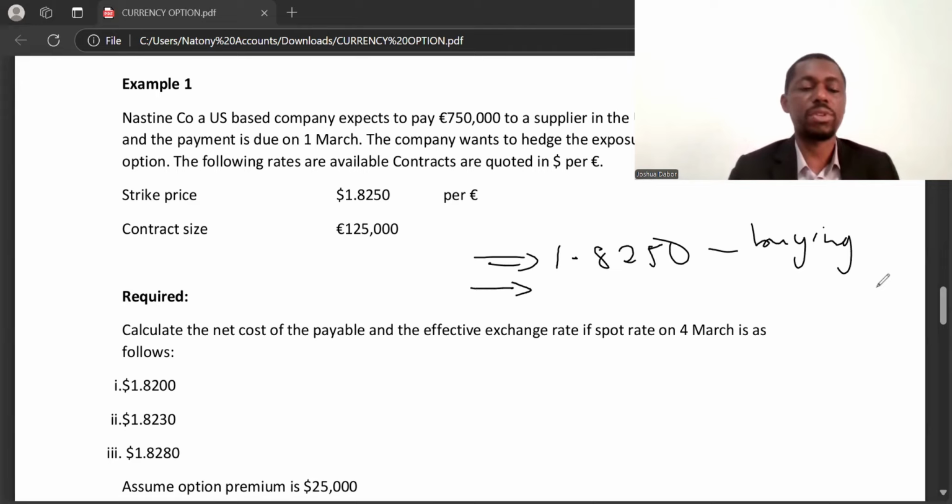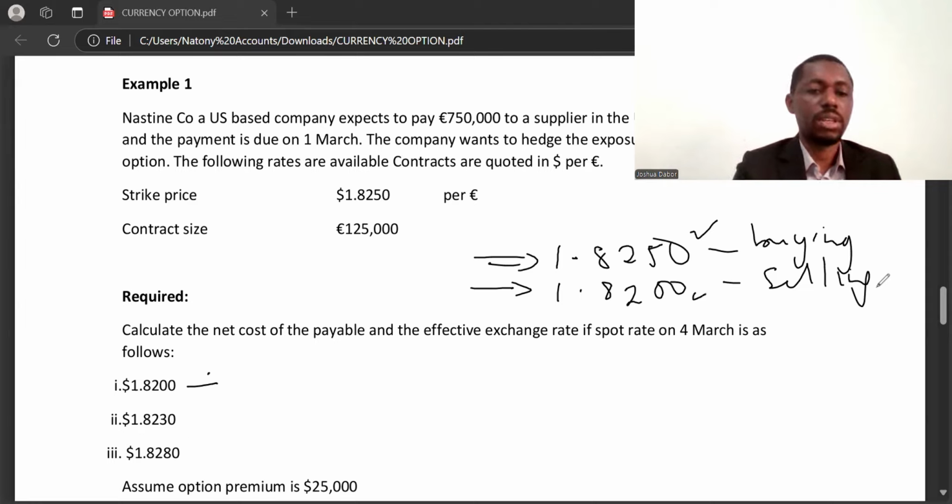So let's look at the first rate. If the company is selling at this rate, 1.8200, will the company be making a profit or a loss? You can buy at the higher amount and sell at the lower amount. Therefore, the company will not exercise this. If this is the closing spot rate, the company will allow that to lapse.